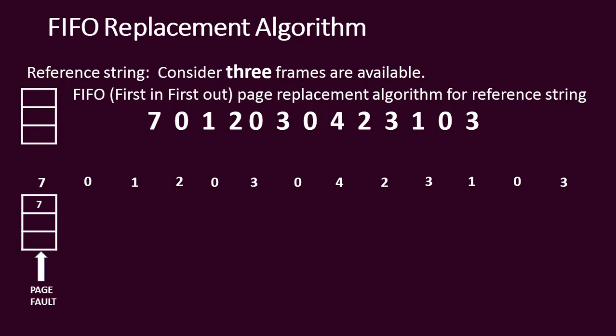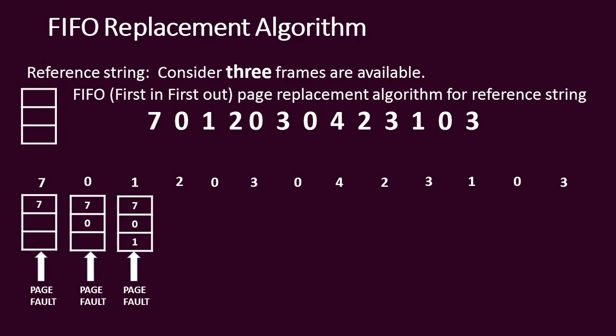Now consider the second page. Again it is not present in the memory buffer, hence another page fault occurs. Similarly for 1, we don't have that desired page, and hence it will be fetched and put in the memory for the CPU.